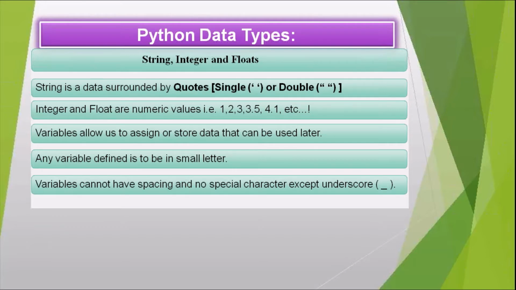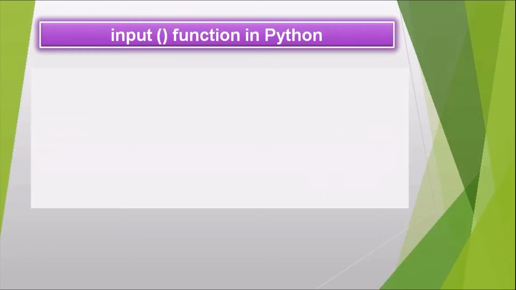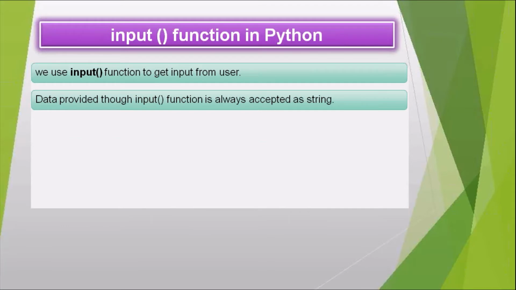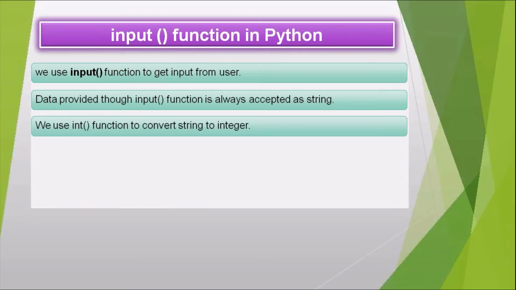Now, the input function is used to give input to the program from the end user. Data provided through the input function is always accepted as a string. If you enter numbers like 1, 2, 3, 4, they will be counted as a string. If you're going to do any operations like addition, division, multiplication, you need to first convert that data to numeric values or integers through the int function. The same int function is used to convert strings to integers.